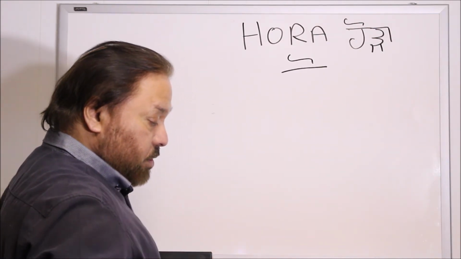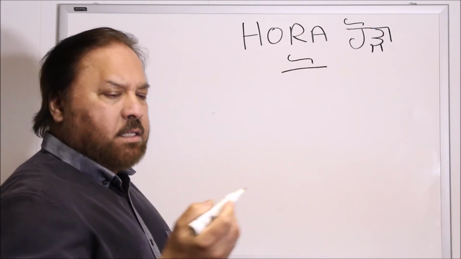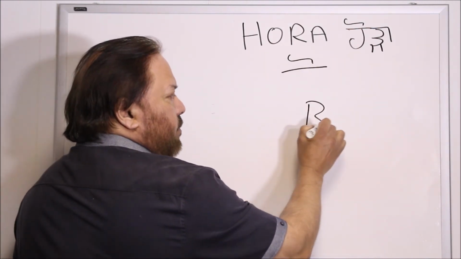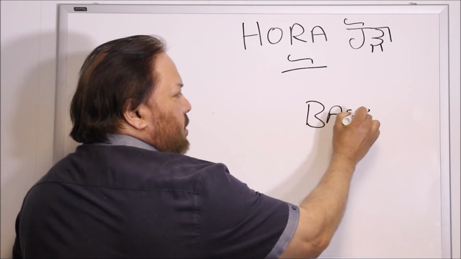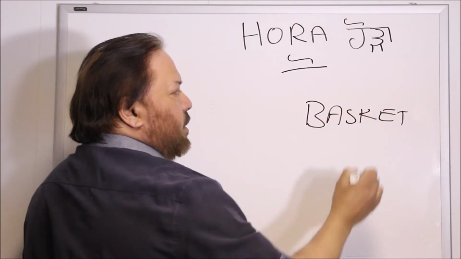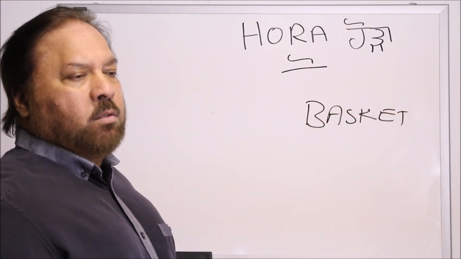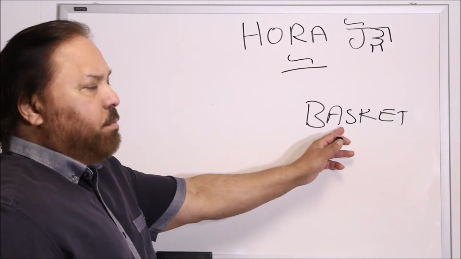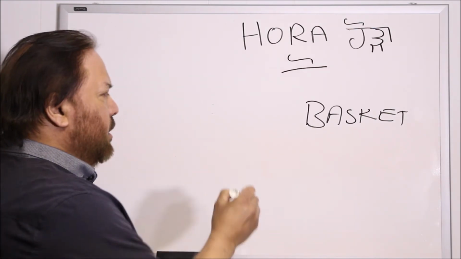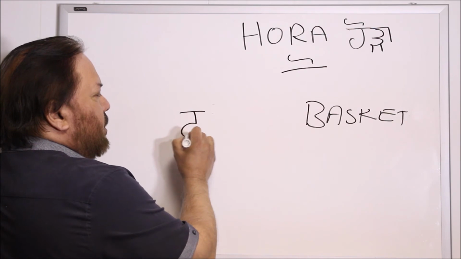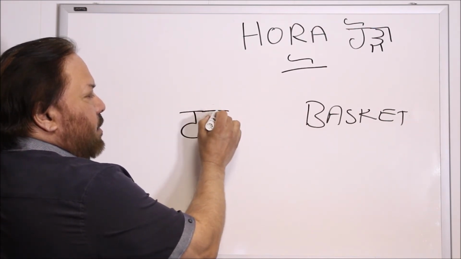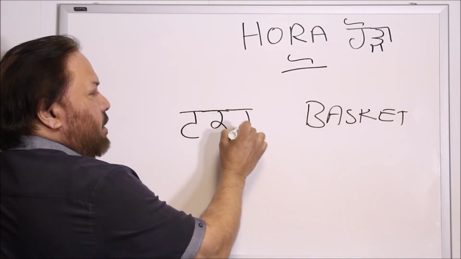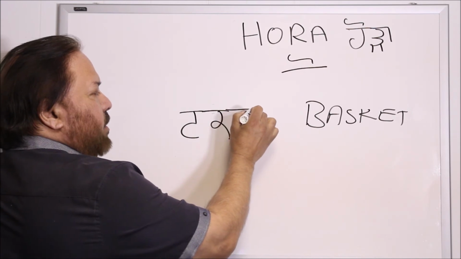And I will use maybe one or two more words. We can use a small basket. If we want to write the word basket, if it's a big basket, we call it tokra. Tanka, kaka, HORA, rara.